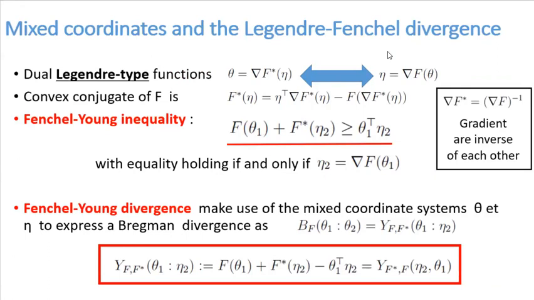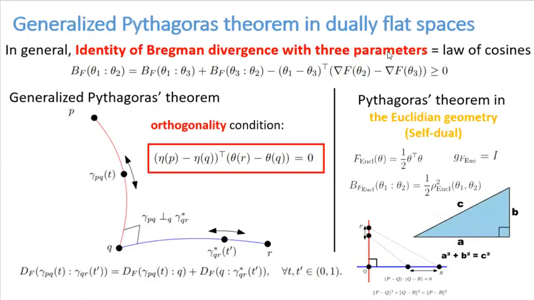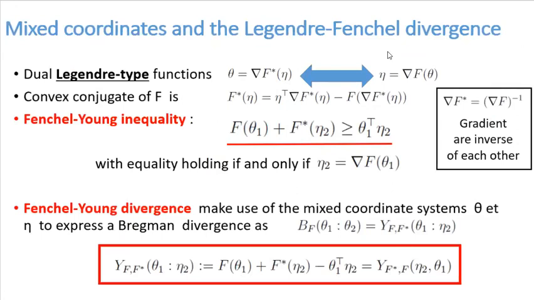Okay, so this means that we can define an equivalent to the Bregman divergence. It is defined with a mixed parameterization between one coordinate system and the other coordinate system, and it's called the Fenchel-Young divergence here.